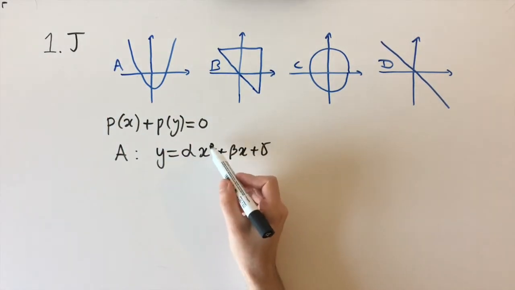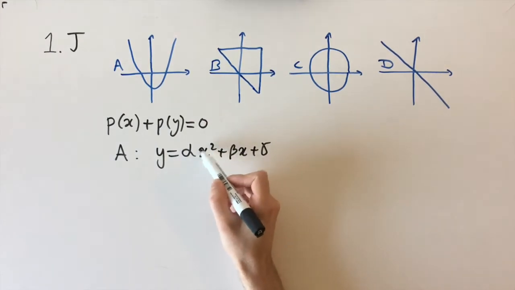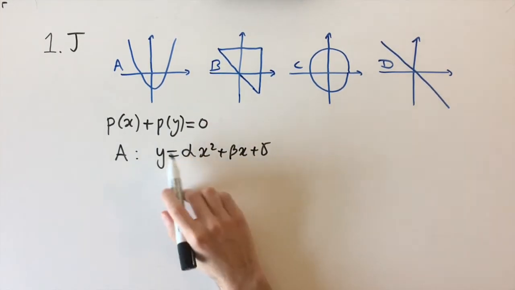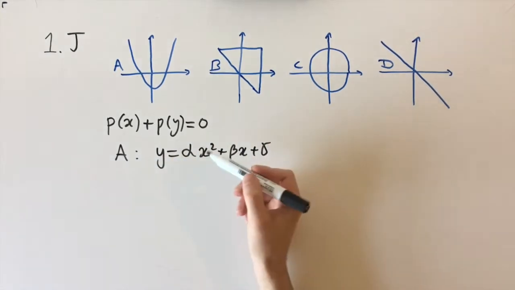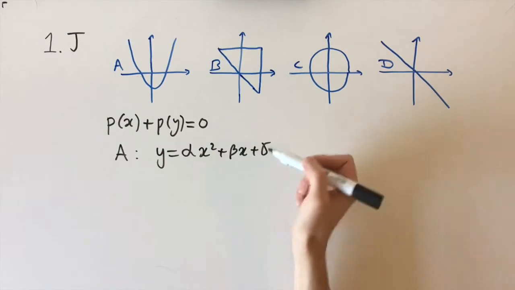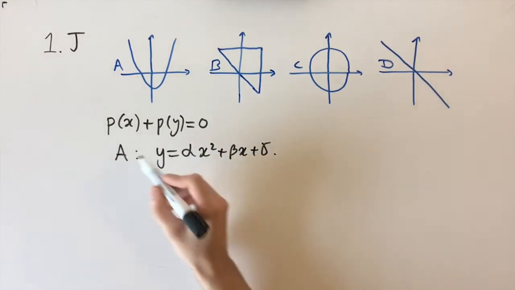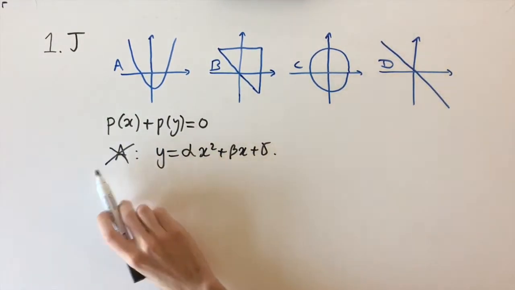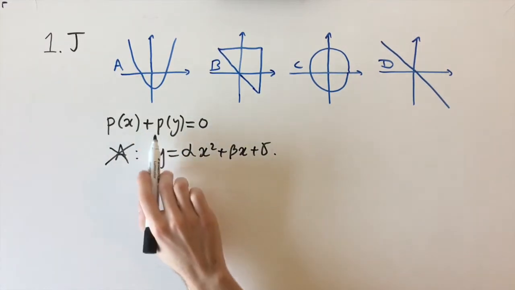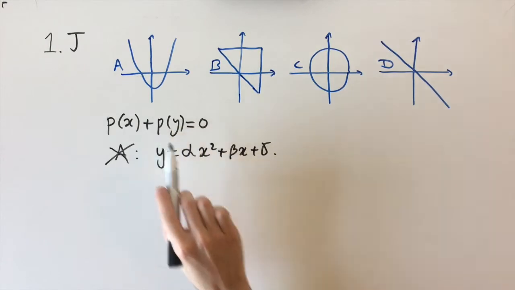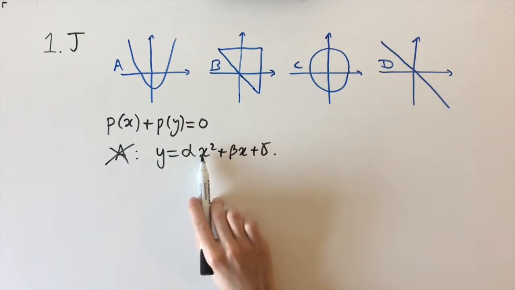If we wanted this to be true, we'd need a polynomial in terms of x that has highest order 2 and a polynomial in terms of y that has highest order 1. And that's not possible if we want the same polynomial. So that tells us we can immediately rule out A. This cannot be generated by this equation just because the polynomials would have to have different orders in the variables.